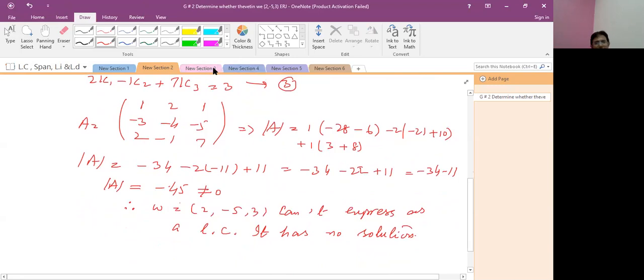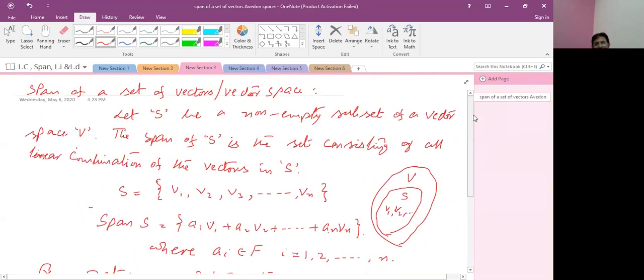So the next application, we will talk about, students, is linear combination. After that, we will talk about the span. The second topic is the span of a set of vectors or span of a vector space. Both are similar. Let S be a non-empty subset of a vector space V. Then the span of S is the set consisting of all linear combinations of the vectors in S. Here, students, this is called a vector space, and S is the span of all vectors v1, v2, ..., vn.